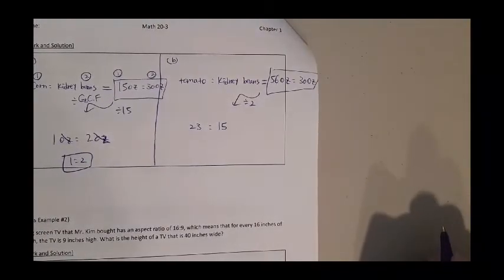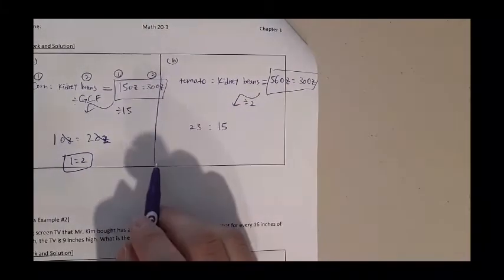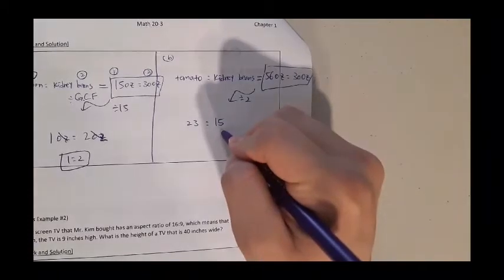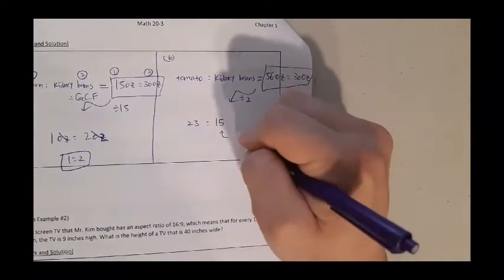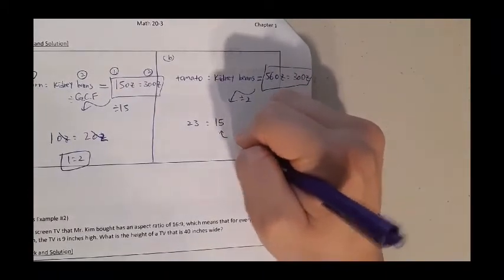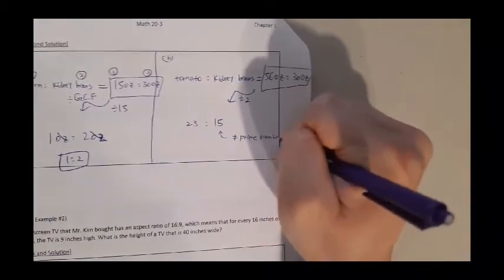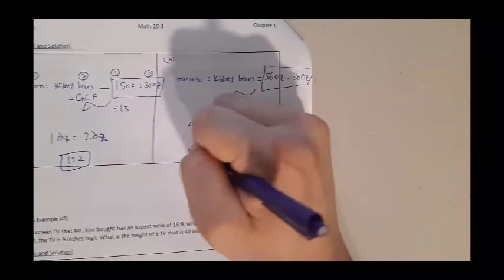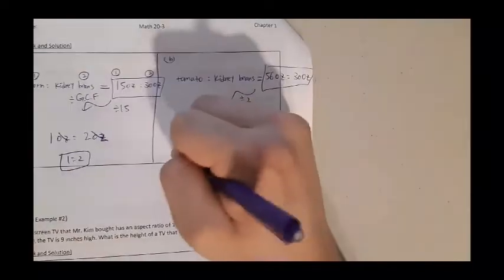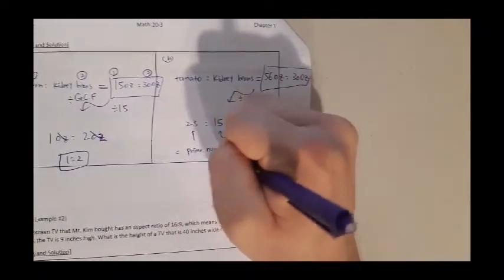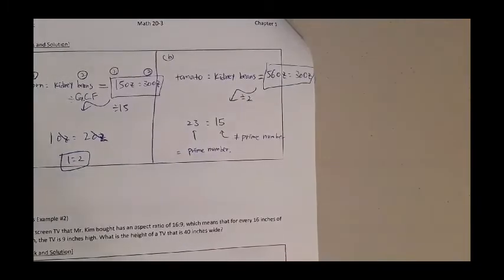30 divided by 2 is 15. As you may notice, 28 and 15. 15 is not a prime number. Prime numbers, in case you don't remember what they were, are the ones where you don't have any factors.